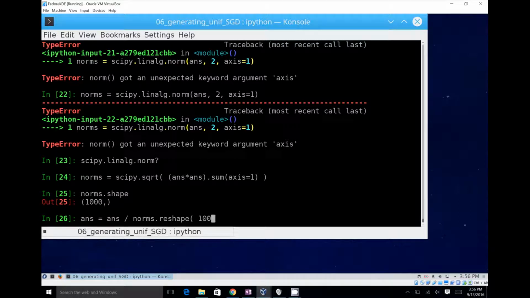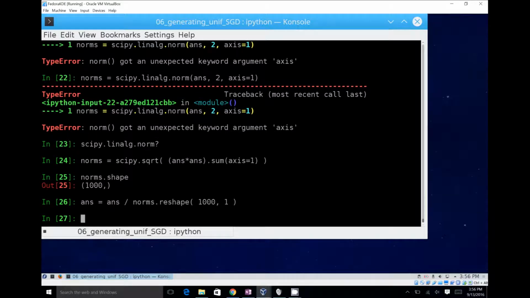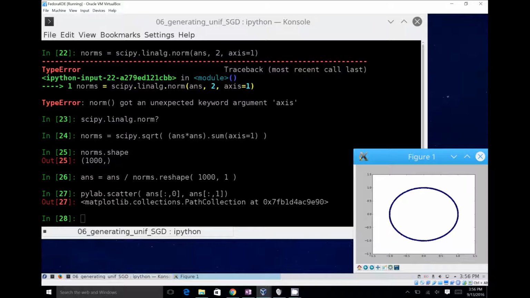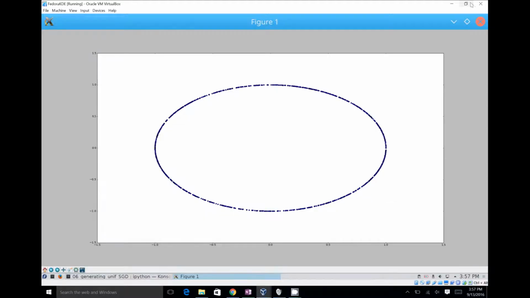I could reshape to 1,000 by 1, and that's going to take that row vector and turn it into a column vector. So now I have my normalized vectors, and let's scatter plot them to see what it looks like. It looks really nice. It's looking pretty uniform on that circle, or at least we're not seeing any sort of bunching in one area over another.